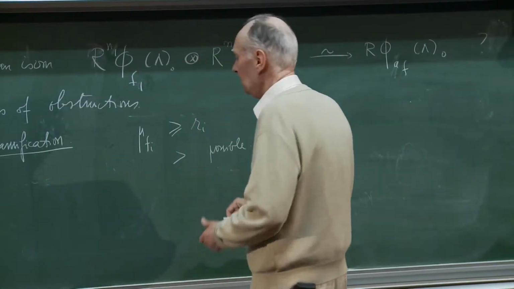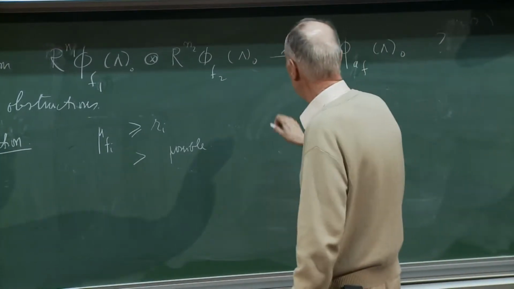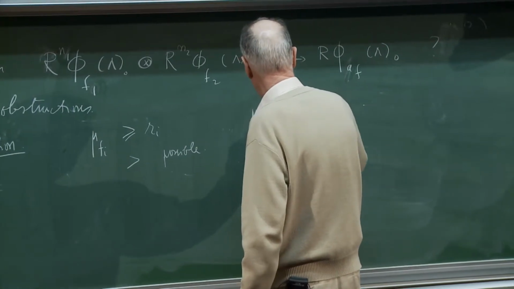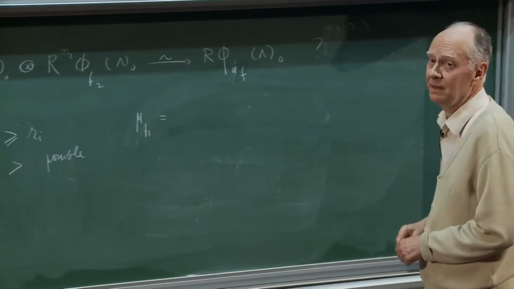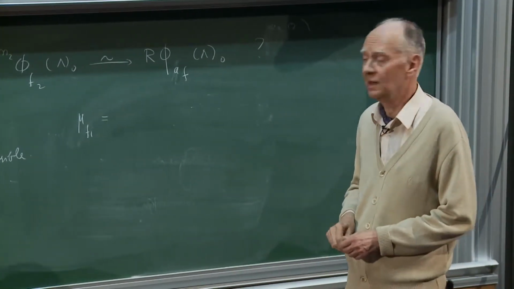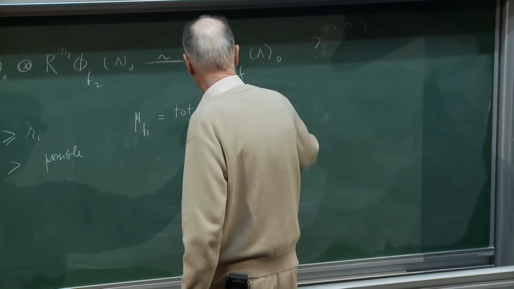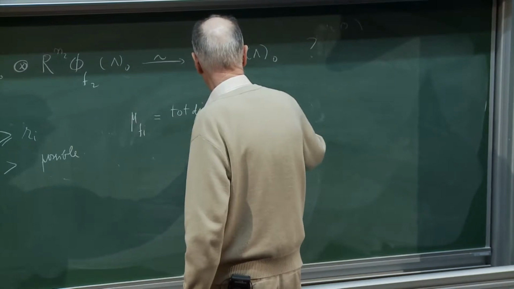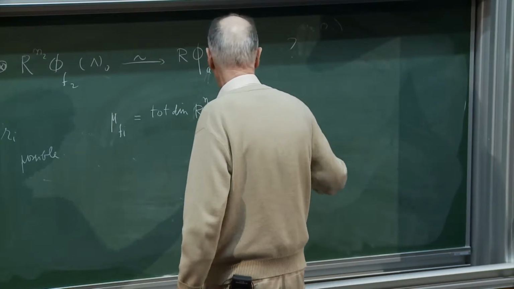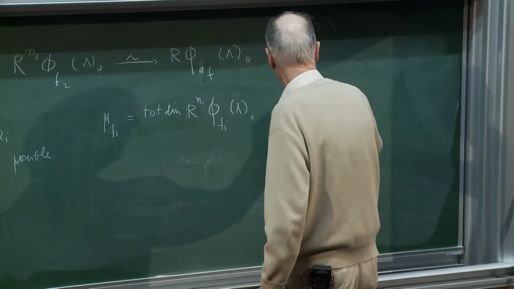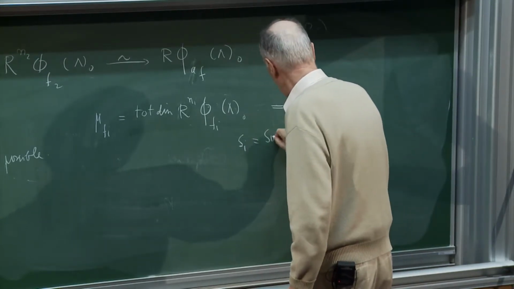In fact, as Takeshi recalled, we have the Deligne formula, which says that mu F_i is not the dimension of Φ, but the total dimension of R^{n_i}Φ(λ) at 0, that is r_i plus s_i, where s_i is the Swan conductor.